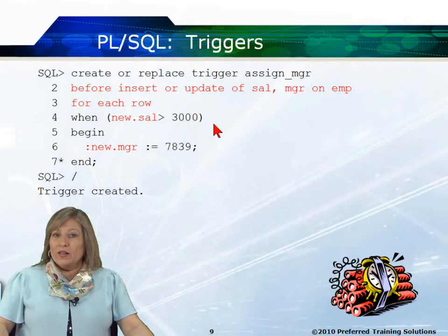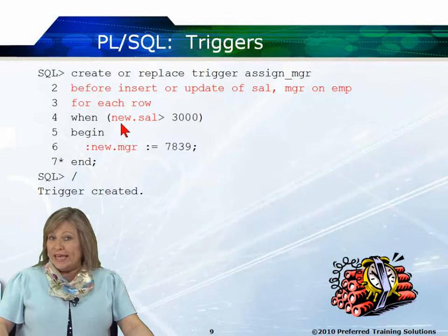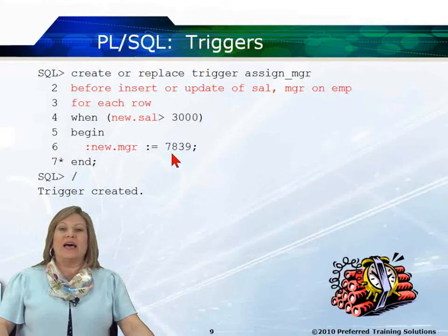So our when clause says only when new.sal is greater than 3,000, so only when the current salary for the current row for which this trigger is firing is greater than 3,000, then I'm simply going to assign this manager number to the manager field.